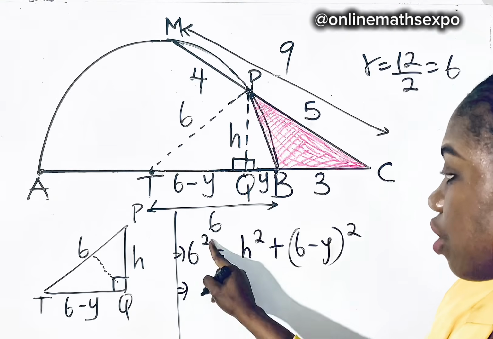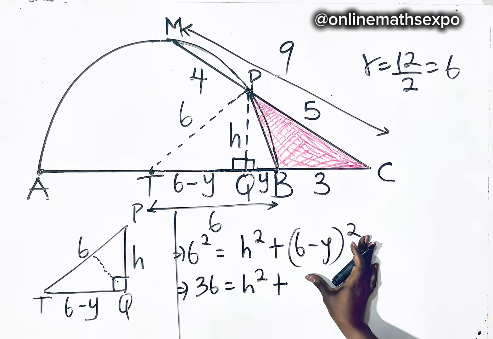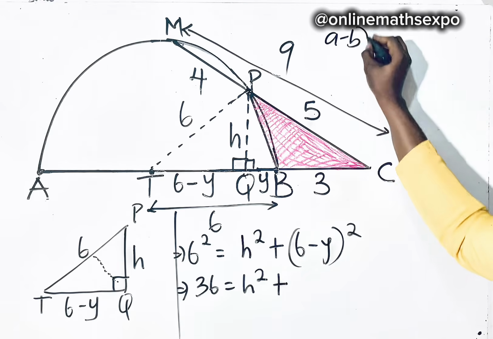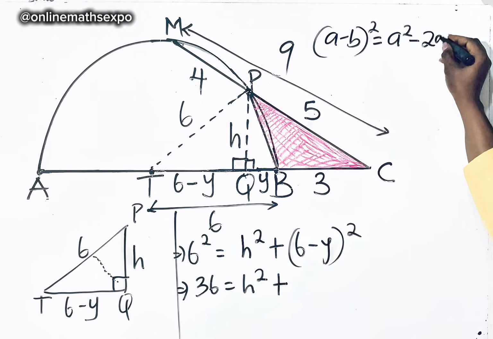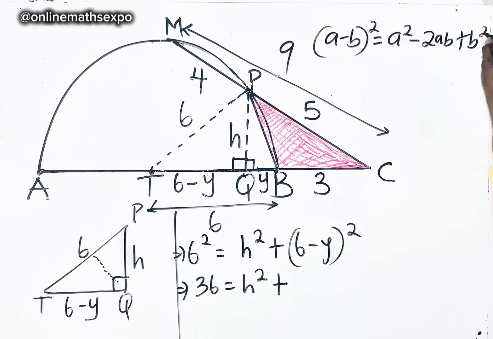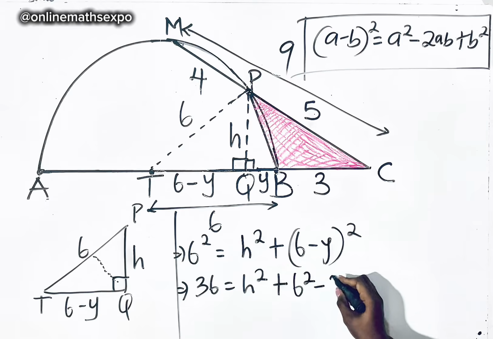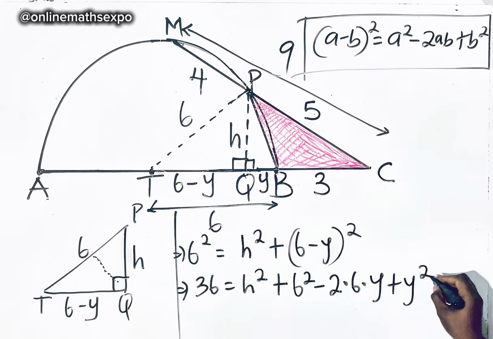To expand this, just remember that for every a minus b all squared is always a squared minus 2ab plus b squared. If you apply this algebraic identity here, we have 6 squared minus 2 times 6 times y plus y squared. Keep solving.